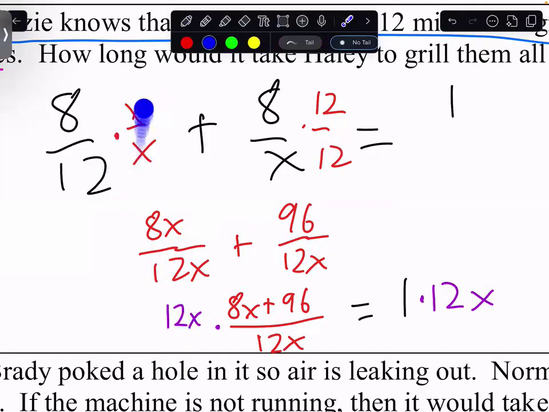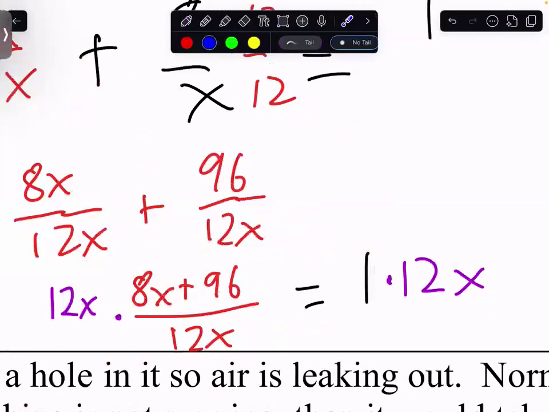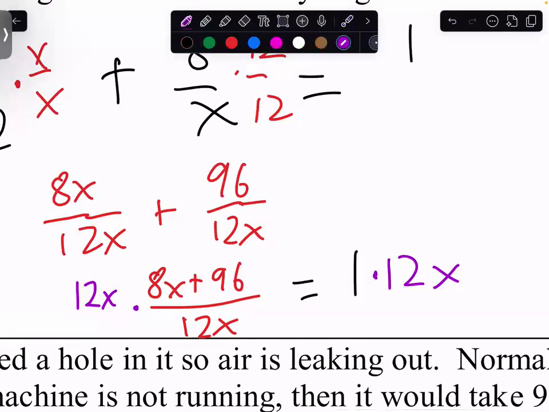Earlier, it was something over itself because you're only multiplying one fraction, not both sides. So to keep it balanced, you need to multiply both top and bottom. But if you're multiplying both sides of the equation, then you don't need to do top and bottom because it's already balanced out. On the left side, the 12x gets used up to cancel the denominator.